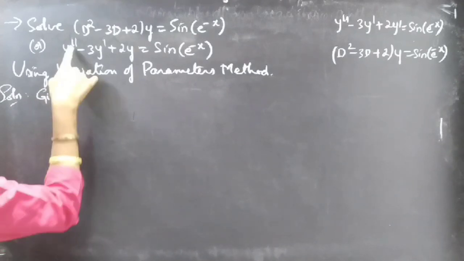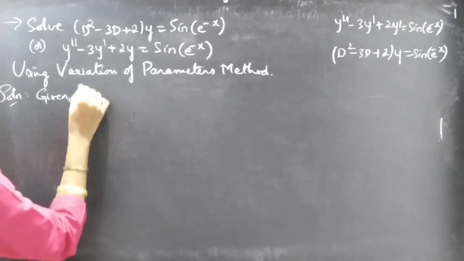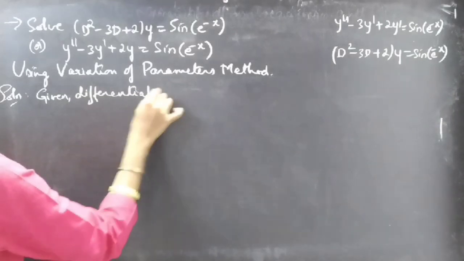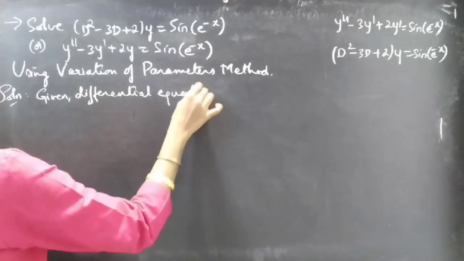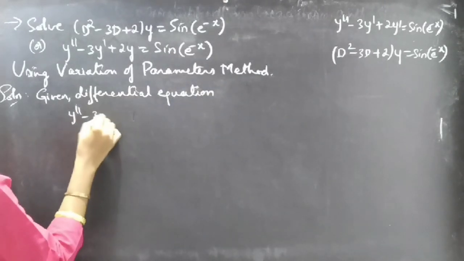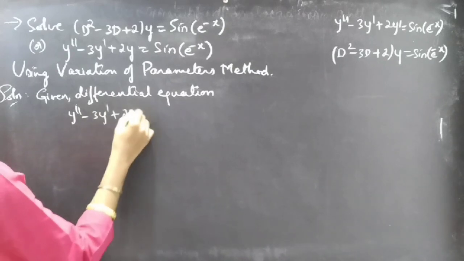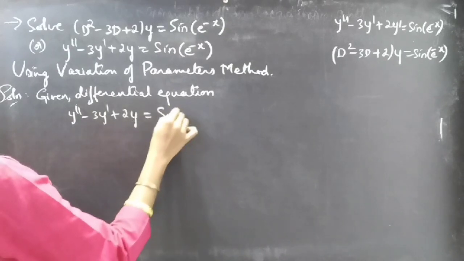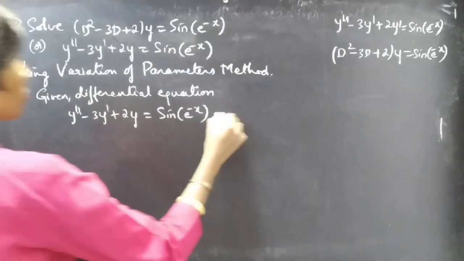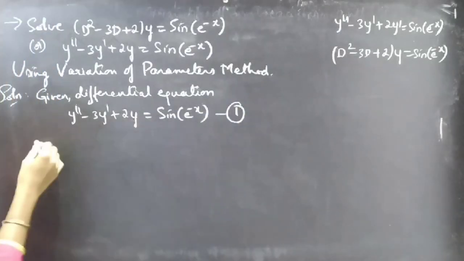We are given a differential equation of order 2: y double dash minus 3y dash plus 2y equal to sine of e power minus x. Consider it as equation number 1.